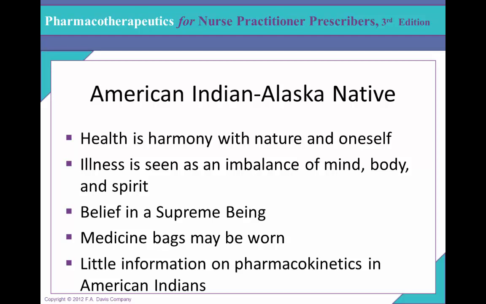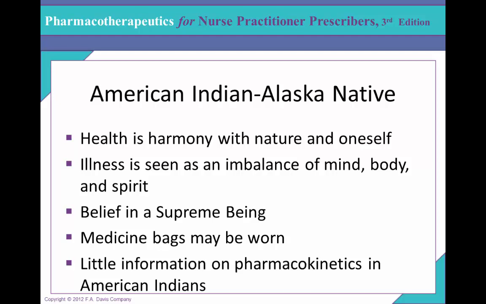They have matriarchal and patriarchal leaders guiding and directing their health. They believe in the supreme being, and medicine bags may be worn. Life expectancy is around 73 years, and it's actually more for females.